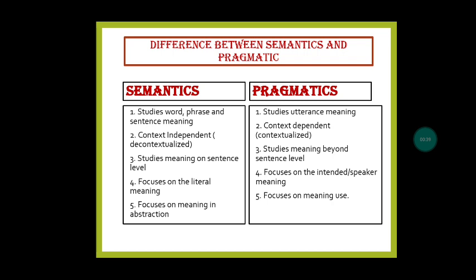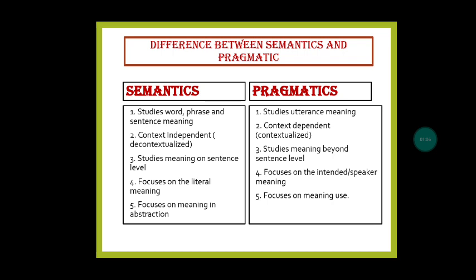Semantics is context independent, it has nothing to do with context, whereas pragmatics is context dependent, like you can never arrive at an interpretation for an utterance without studying the context. Therefore, we say that semantics is decontextualized, whereas pragmatics is contextualized.